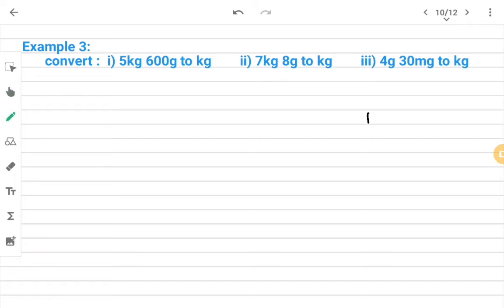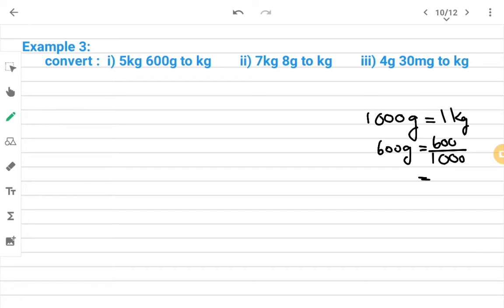We know 1000 gram is equal to 1 kilogram. Here they have given 600 gram. So I am going to convert the 600 gram to kilogram and then add it with this. So 600 gram is equal to 600 by 1000, right? What will you get?